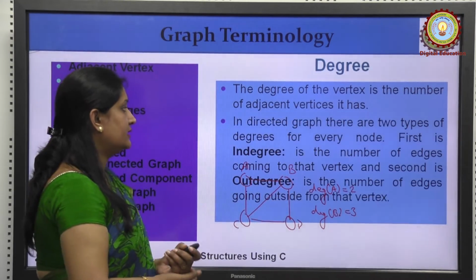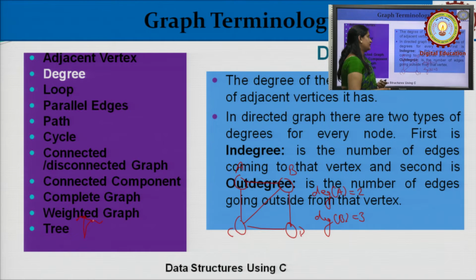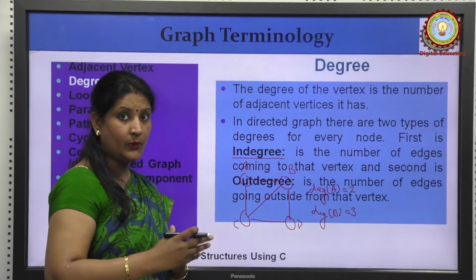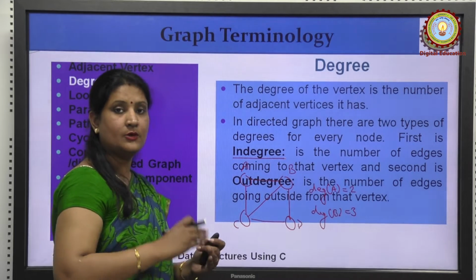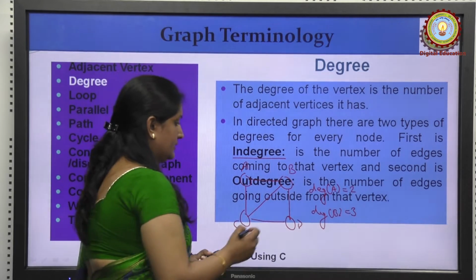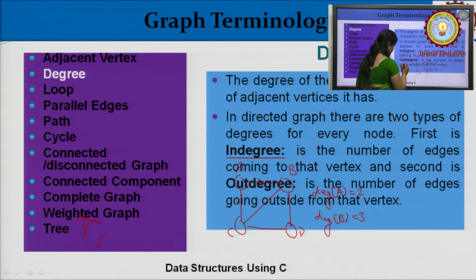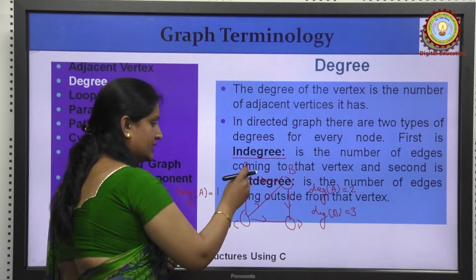In the case of a directed graph, there are 2 types of degree, in-degree and out-degree. In-degree is the number of edges coming to that vertex, and out-degree is the number of edges going outside from that vertex, like this. The in-degree of A is 1, there is 1 edge coming to that vertex.